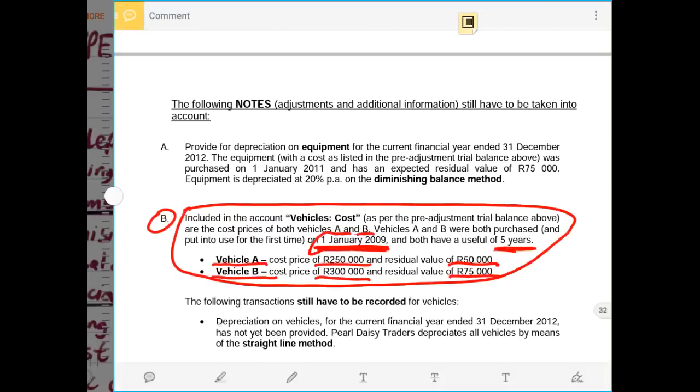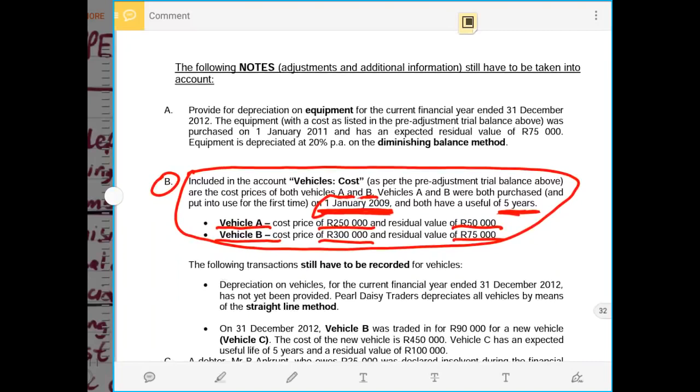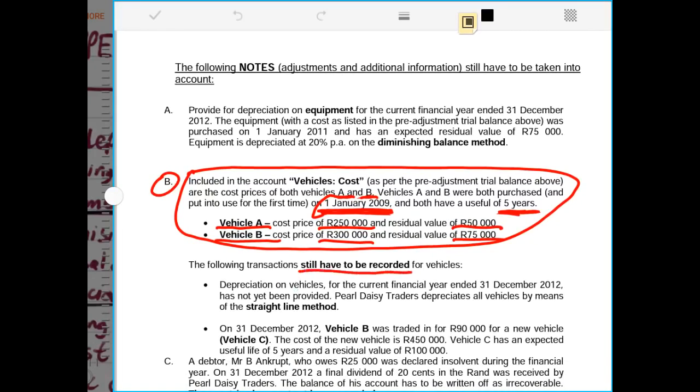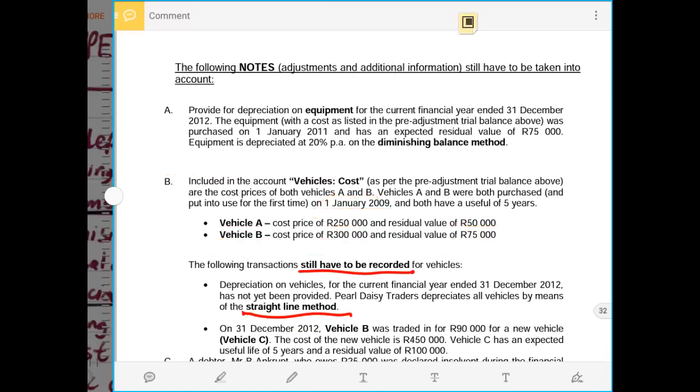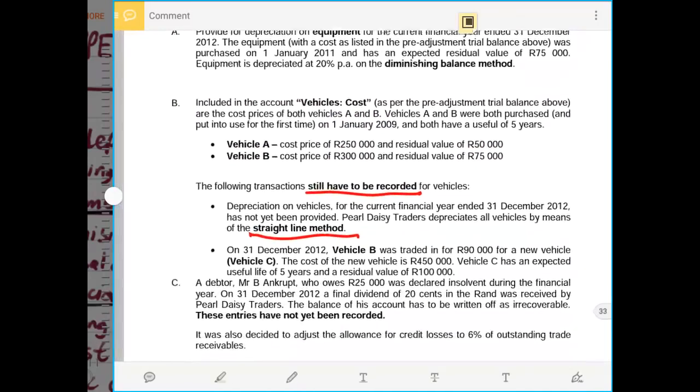Depreciation on vehicles for the current financial year ended 31st of December 2012 has not yet been provided. That means depreciation for these assets has not yet been calculated. Pal Traders depreciates all vehicles by means of the straight line method, where we are given the cost of the assets and their accumulated depreciation.